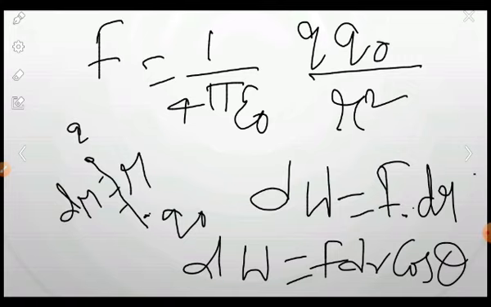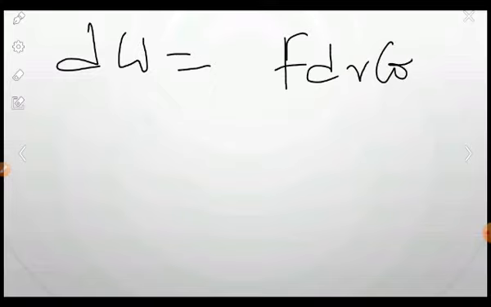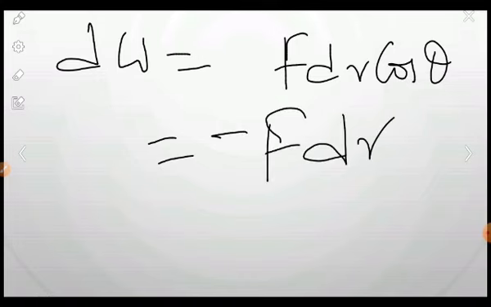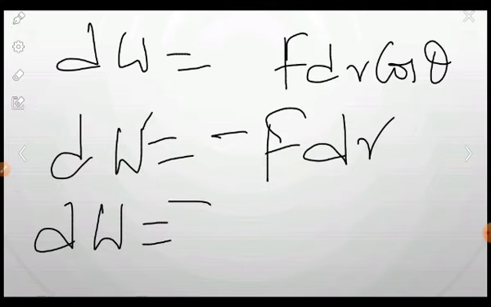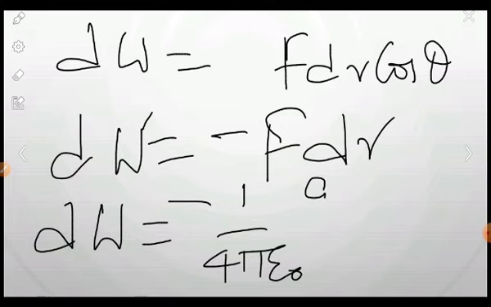So this is the reason why we have dW equals F dr cos theta, and as the work is done against the field, theta equals 180 degrees, so you will have minus F dr. This is the work done on the positive charge to move through a small distance dr. Now we substitute the value of F: dW equals minus 1 by 4 pi epsilon naught q Q naught by r square multiplied by dr.